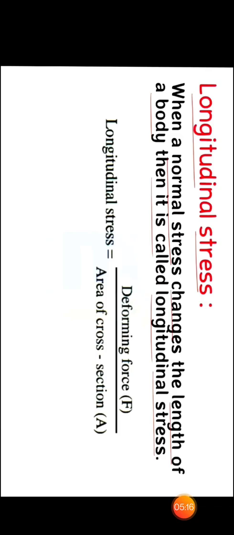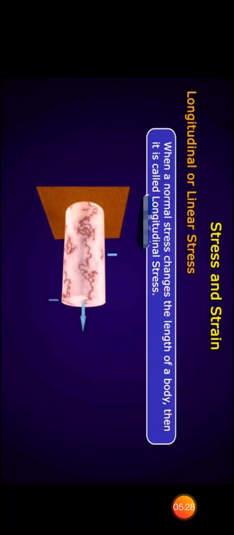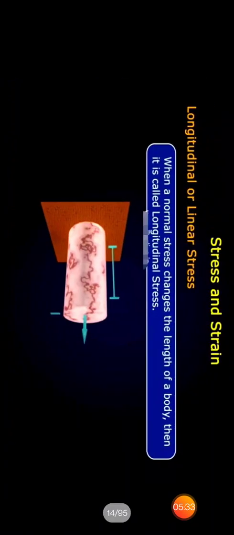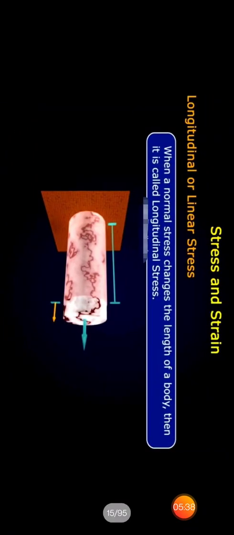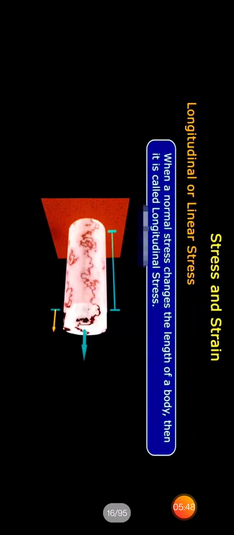So the formula of longitudinal stress is equal to the deforming force of a body, that is F, upon the cross-sectional area, that is A. It is shown here. When normal stress changes the length of the body, it is called longitudinal stress.